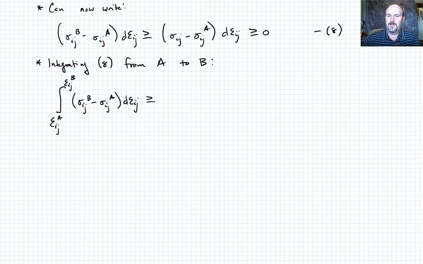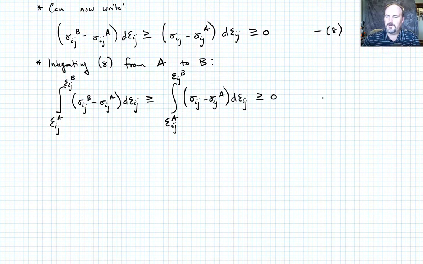That must be greater than or equal to the integral from epsilon ij a to epsilon ij b of sigma ij minus sigma ij a, d epsilon ij, which is greater than or equal to 0. Okay, so what about this side?